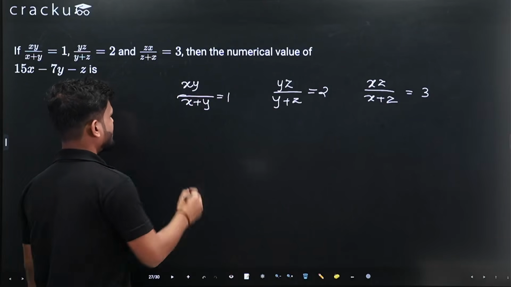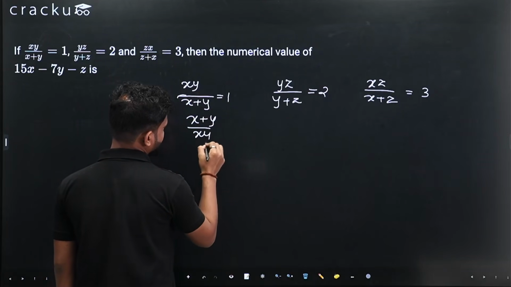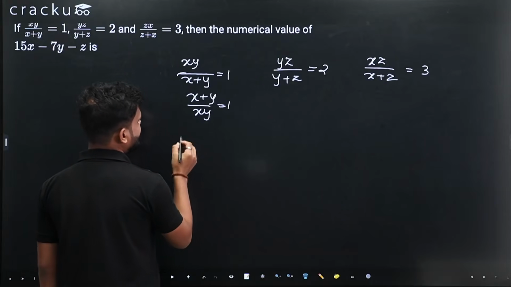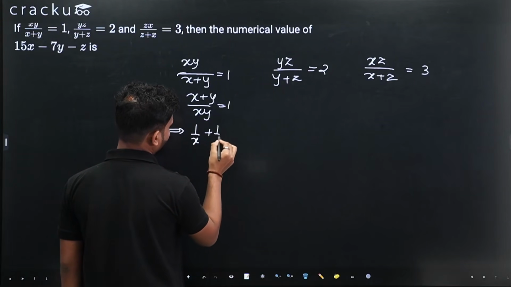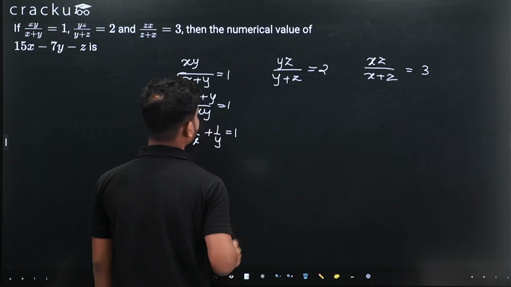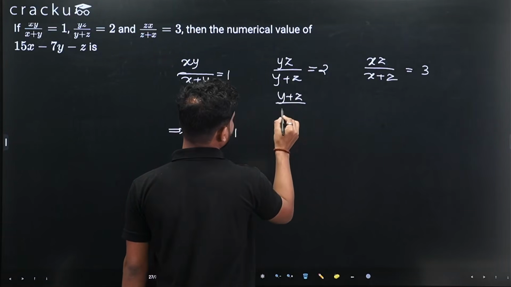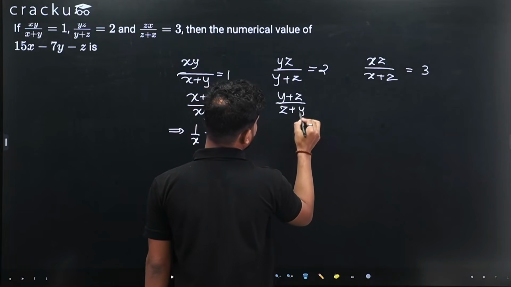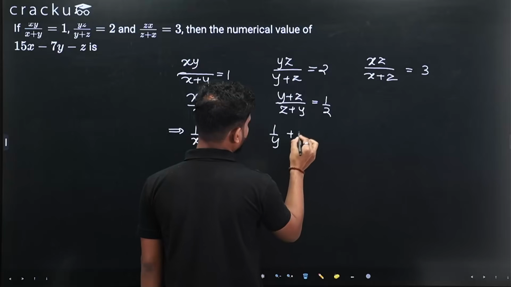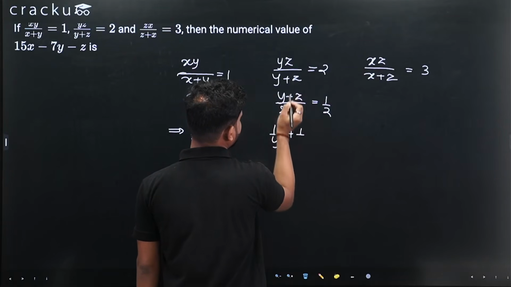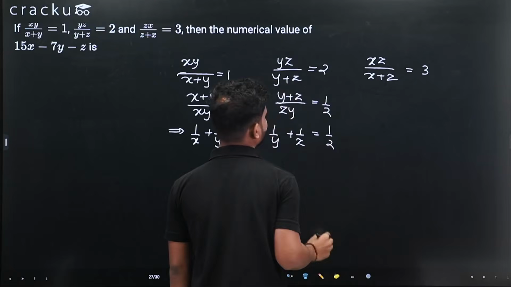Take the reciprocal. From here you get x plus y upon xy is equal to 1. If you split the denominator, you will get 1 upon x plus 1 upon y equal to 1. Similarly, y plus z upon zy is nothing but 1 by 2, or 1 by y plus 1 by z is 1 by 2.